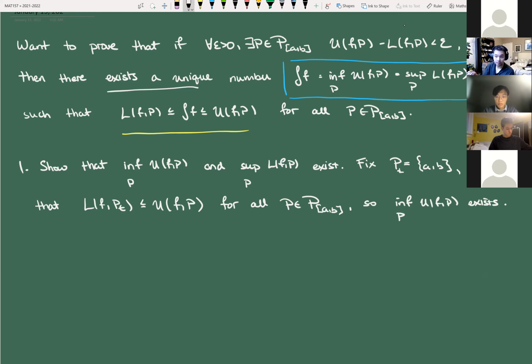And by the exact same story, right? If I take the upper sum on the trivial partition P_T, that's going to be bigger than any of the lower sums. And so the lower sums are bounded from above, therefore their supremum exists.